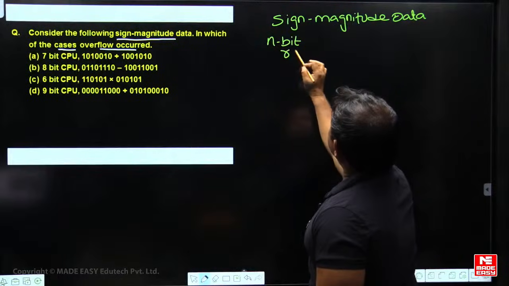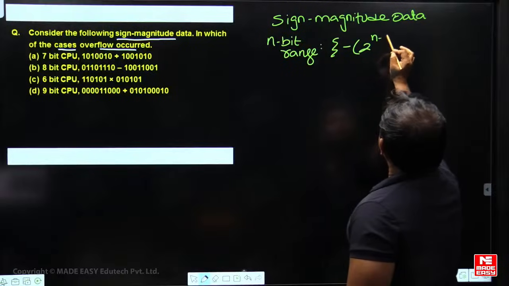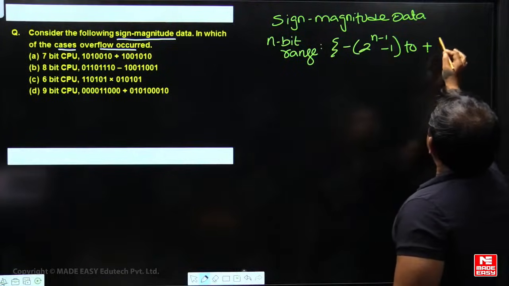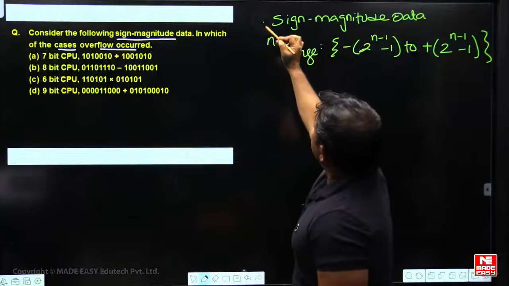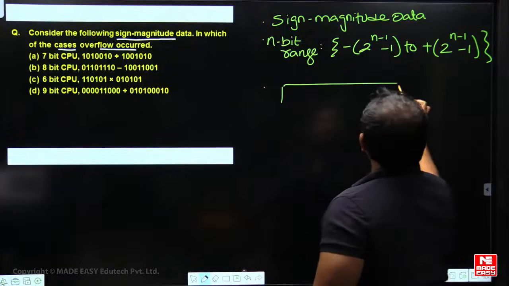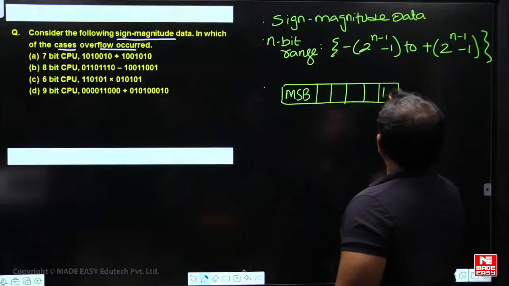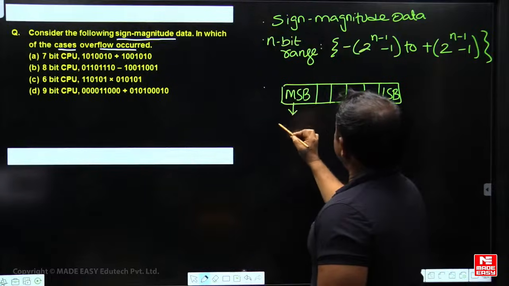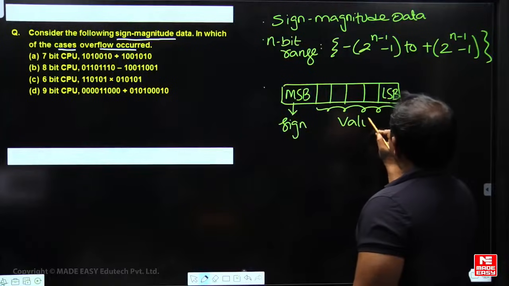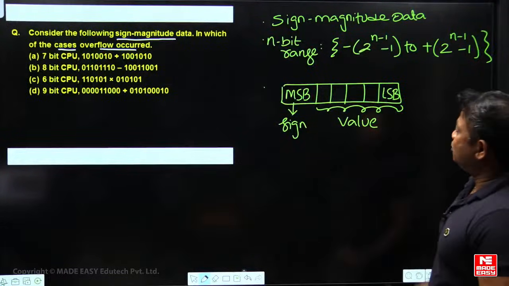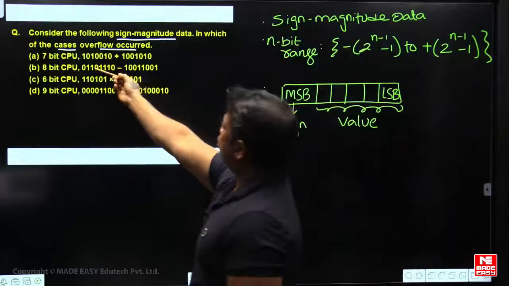The n-bit range is -(2^(n-1) - 1) to +(2^(n-1) - 1). In sign magnitude, the MSB is reserved for the sign and the remaining bits indicate the magnitude. Now here they have given different options.